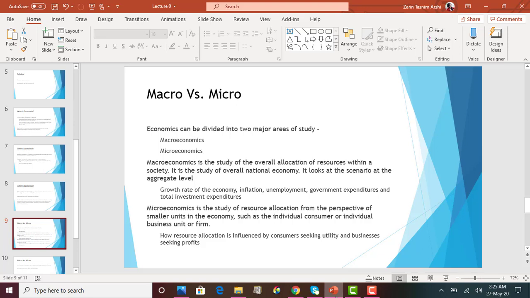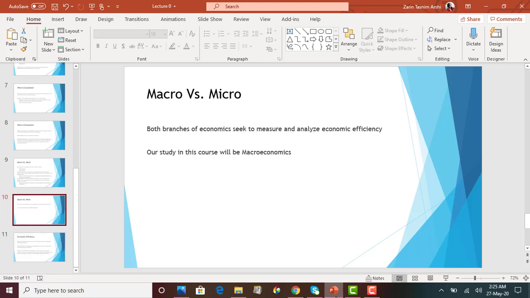These are macroeconomics. Now both branches of economics seek to measure and analyze economic efficiency. So economic efficiency, what does that mean? When we are able to maximize our satisfaction, then we have economic efficiency. So when we make a choice that maximizes our satisfaction, that will cause economic efficiency, and we are going to learn about this later in our next chapters. But right now, the main focus is to maximize satisfaction, which in turn will give us economic efficiency.